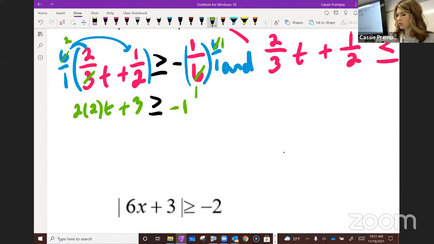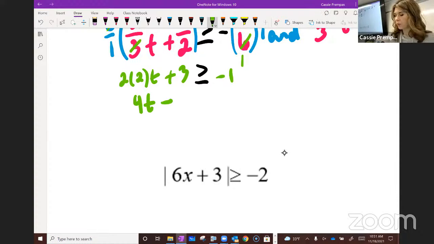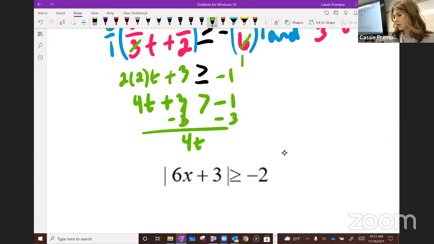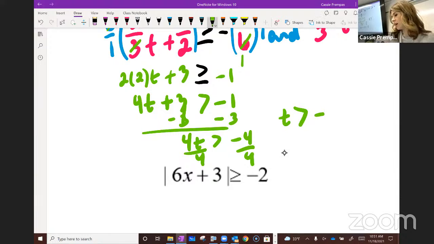Now this is so much easier to solve. So I have 4t plus 3 has to be greater than or equal to -1. And then I'll subtract 3 from both sides, giving me 4t is greater than or equal to -4. Divide both sides by 4. And I get t has to be greater than or equal to -1.